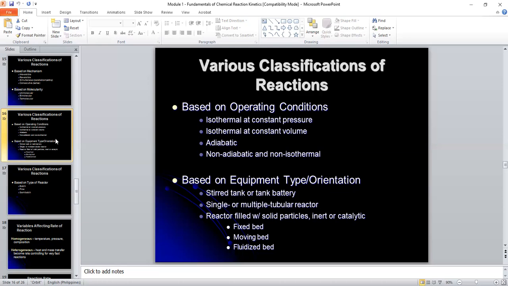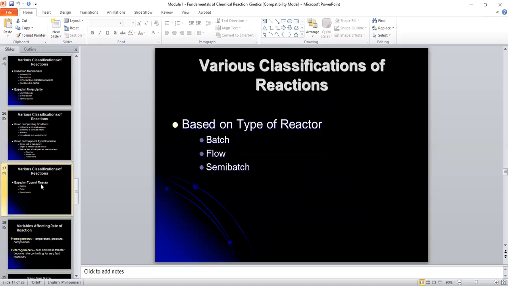Or is your reactor filled with solid particles that are inert or catalytic? They can either be inert or catalytic. This is in the case of fixed bed reactors, moving bed reactors, and fluidized bed reactors. So these are classifications. The fourth classification of reaction is based on equipment type and orientation.